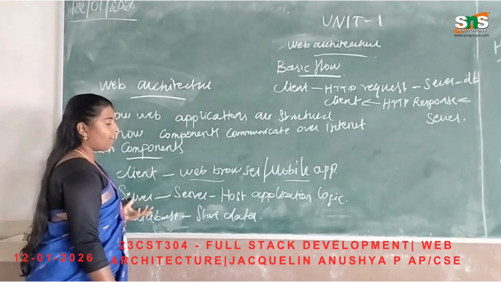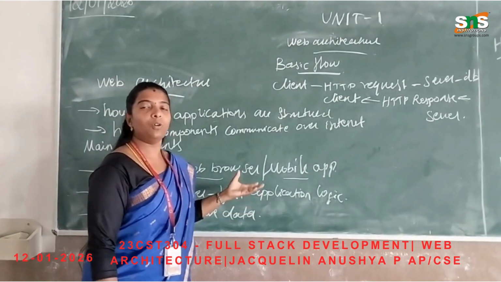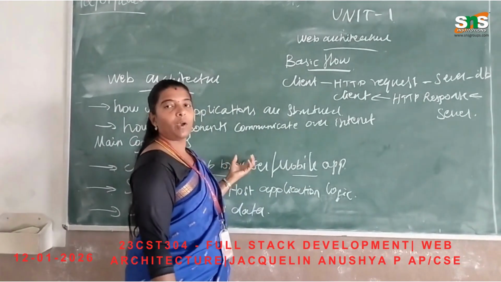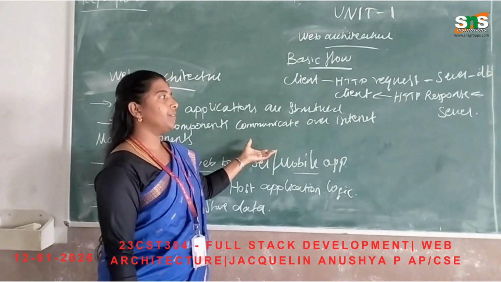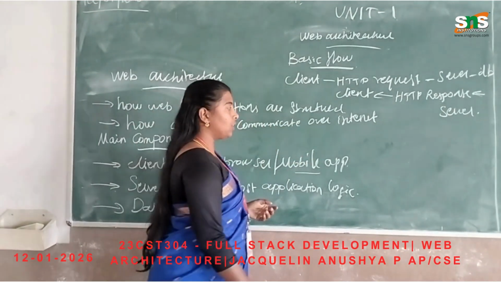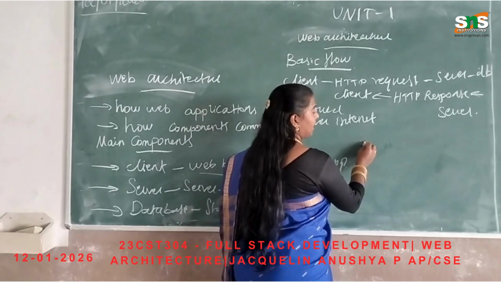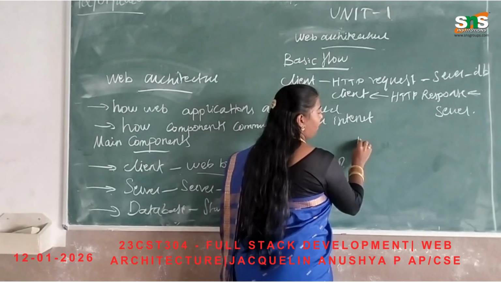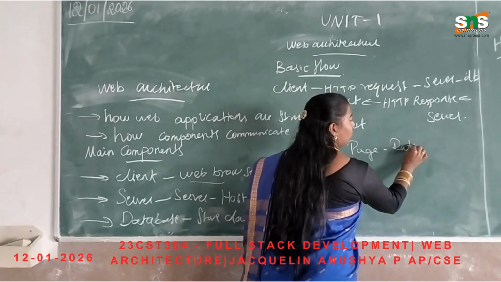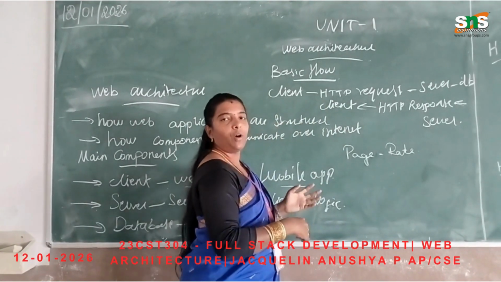So next is your server. Your server is nothing but a host application. Suppose I'm in a web browser and I want to order. I'm just opening an app and ordering a mobile phone. What happens when I'm opening the application? It opens with a page where the rates are displayed from the lowest rate to the highest rate.